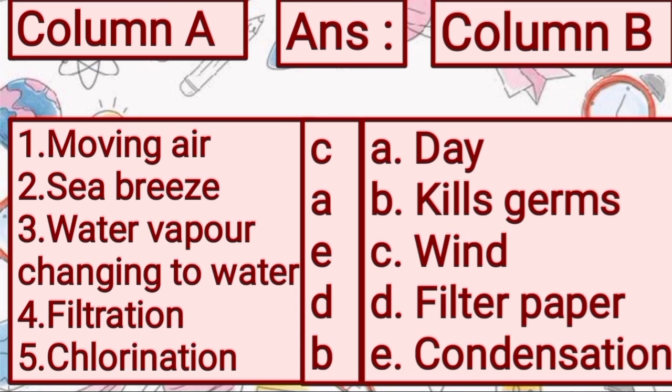As you know, during the day land gets heated up, which in turn heats the air above it, and then the hot air rises up from the land and the cool air from the sea flows in to take its place, which is called sea breeze. So this process happens during the day. So the answer is A, day.